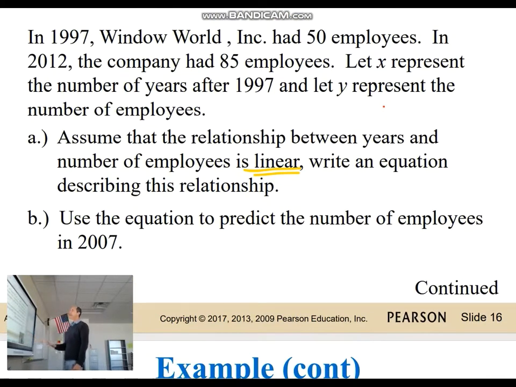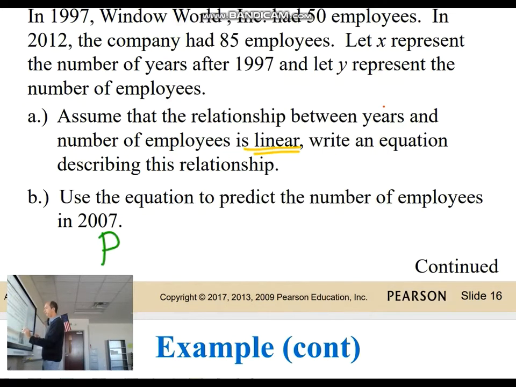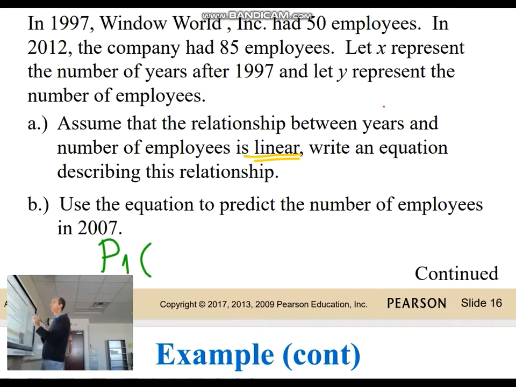The first thing here, we have the points. We have point 1. So we have the employees, it's going to be Y, and the number of years is X, right?